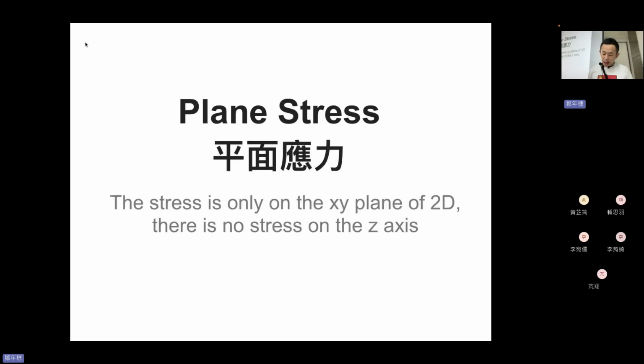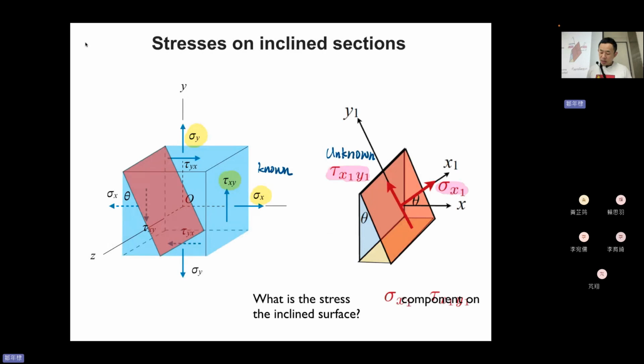And we talked about plane stress, which is the simplest case because there are no z components. Typically we will know sigma x, sigma y, and tau xy.